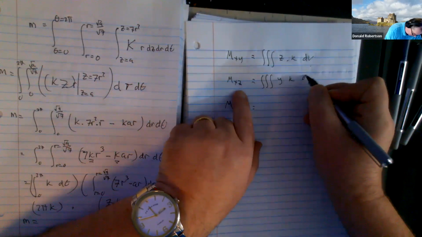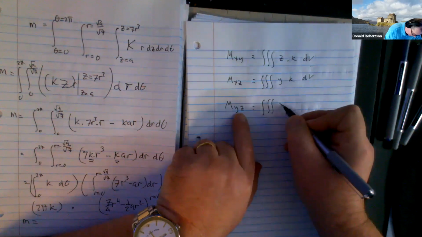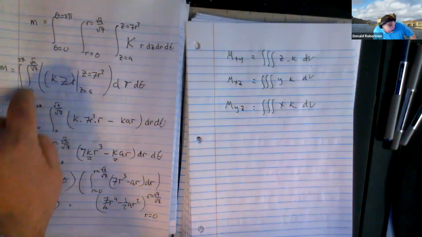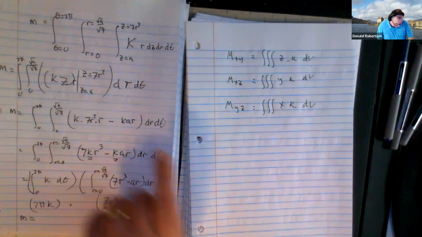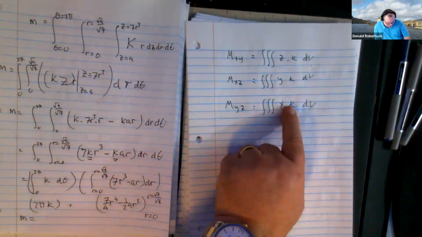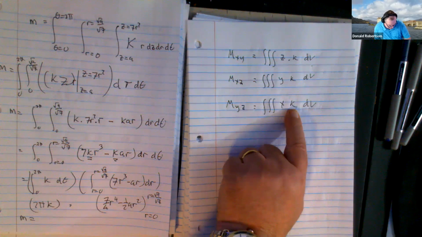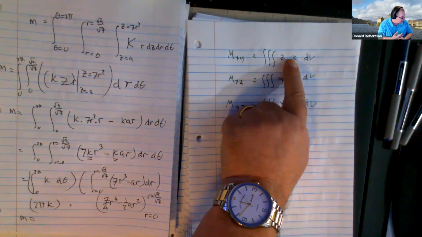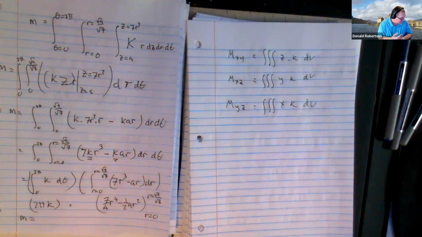And this is going to be the same triple integral with an x in front of it. So you'll use the same limits of integration, but instead of integrating k, you're going to integrate k r cos theta, k r sin theta, and this time k with a z, and you figure out who z is, and you're good to go.